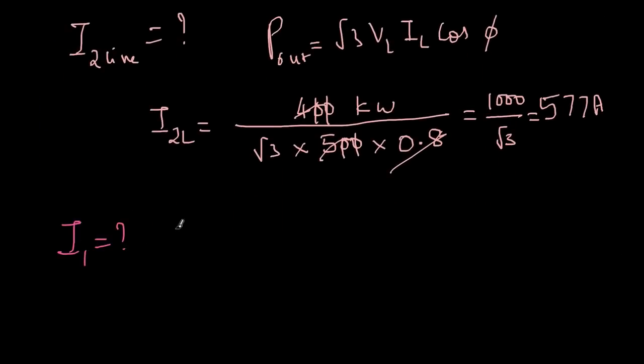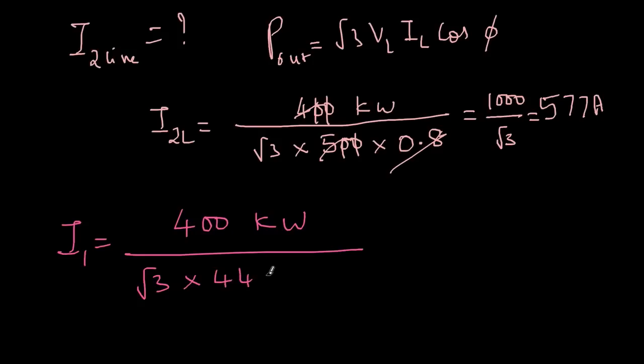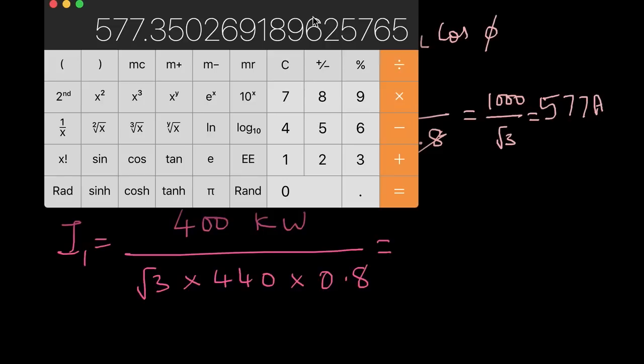How to calculate I1? I1 is nothing but 400 kilowatt, which is the output, whereas just the voltage is different now, 440 volts into 0.8. So this is the difference. Let me do the calculation now.